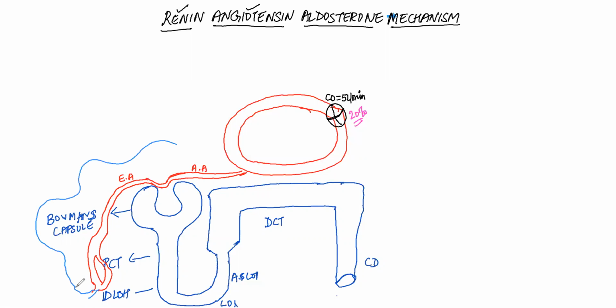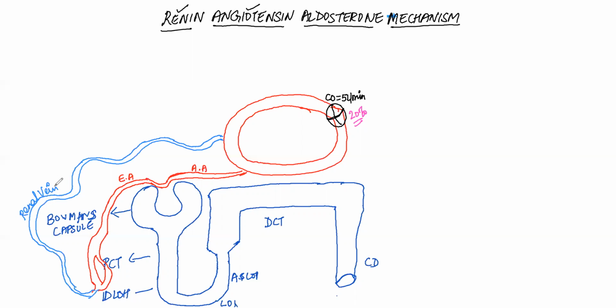Through long processes, it comes back to the general circulation. It combines with the inferior vena cava and is sent to the heart. This blue line you're seeing is the deoxygenated blood, and this is your renal vein.